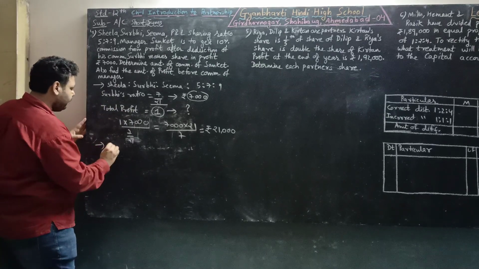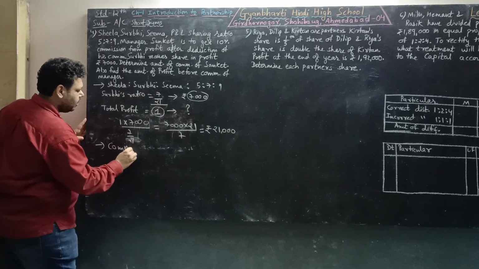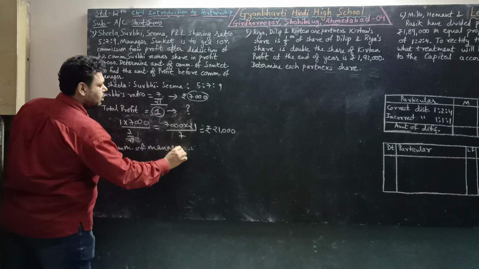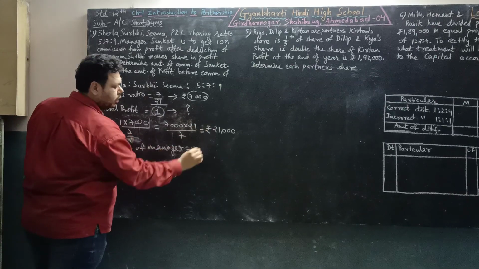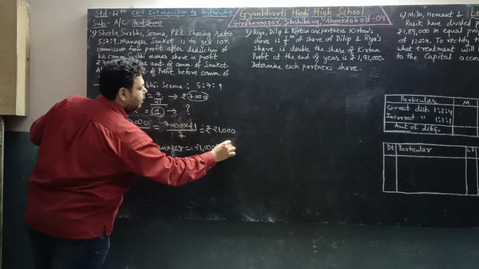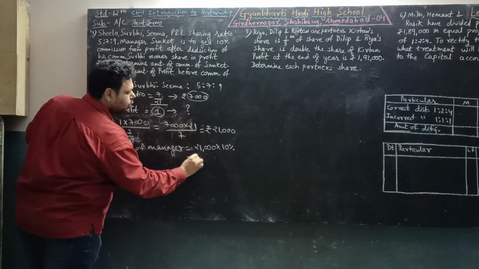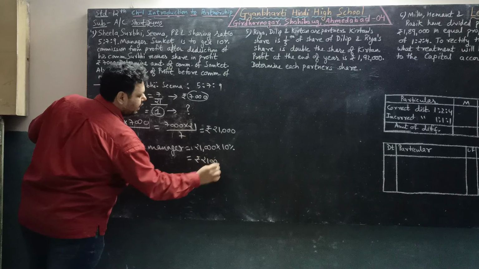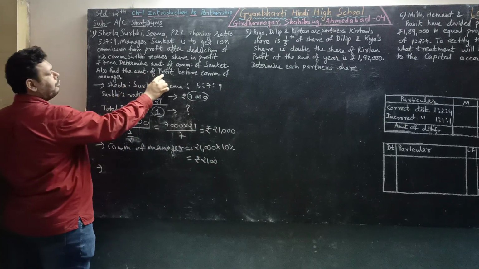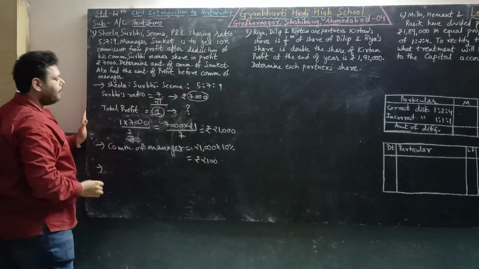So commission of manager, that is 10% of total profit. So 21,000 into 10%, so that comes to rupees 2,100. So what will be the amount of profit before commission of manager?